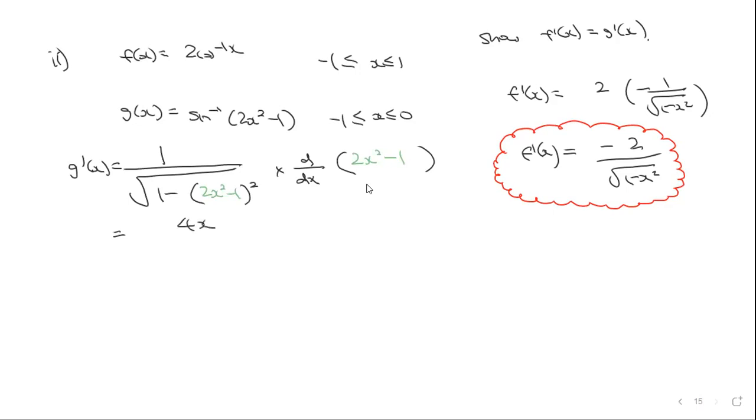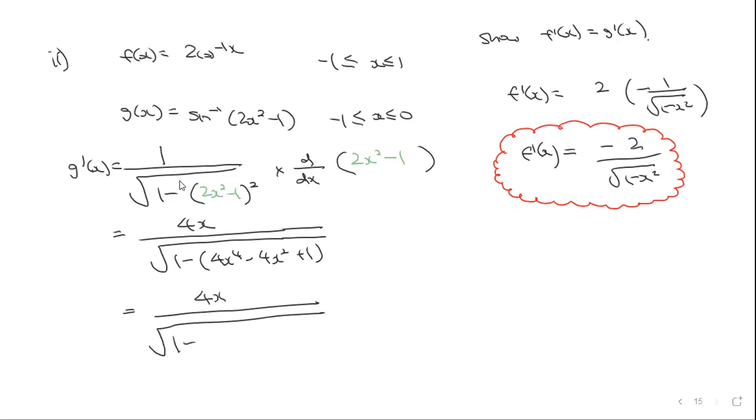That's nice and easy. All over the square root of 1 minus, let's do a bit of expansion. So that's 4x to the power 4 minus 4x squared plus 1. Now, that's going to be the square root of 1 minus 4x to the power 4 plus 4x squared minus 1, which of course means the 1 and minus 1 cancel, leaving us with 4x squared minus 4x to the power 4.